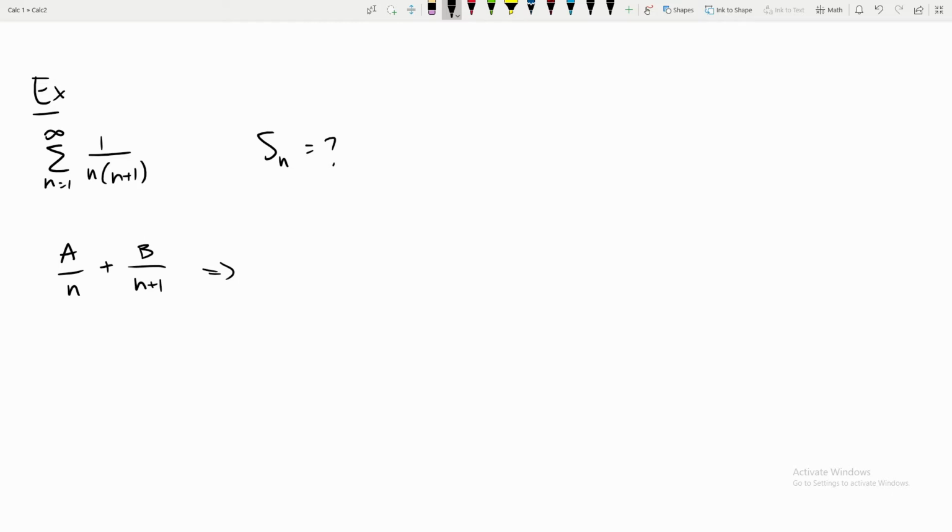We're going to be given this equation that a times n plus 1 is equal to, plus b of n. Now I'm going to simplify this a little further. So we're going to have a of n, or a times n plus a, plus b of n. And this is going to equal a plus b times n plus a.